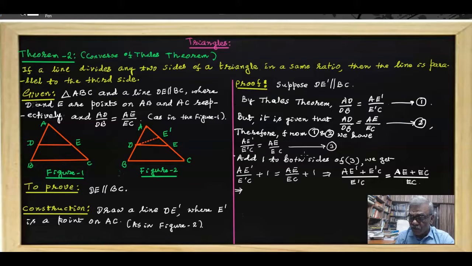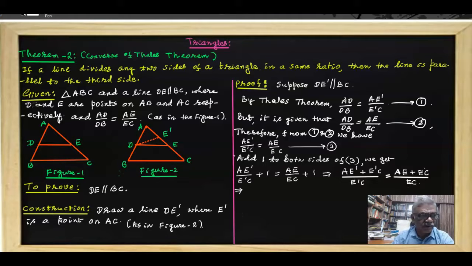Now you can see, add 1 to both sides of this equation. We get AE dash by E dash C plus 1 is equal to AE by EC plus 1. That is, AE dash plus E dash C divided by E dash C is equal to AE plus EC divided by EC.